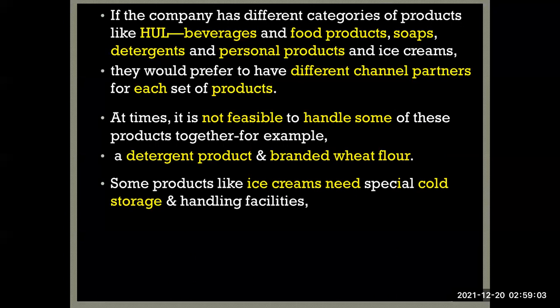Though only one company is manufacturing all these products, they are totally different, and they require different channel members and different distribution styles. So it is better to have different dealers or distributors for different product lines or categories.